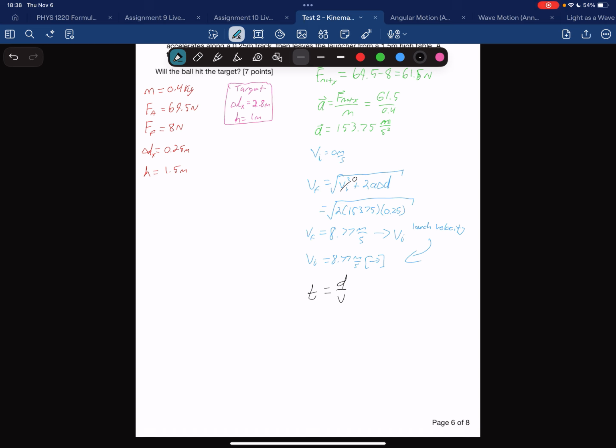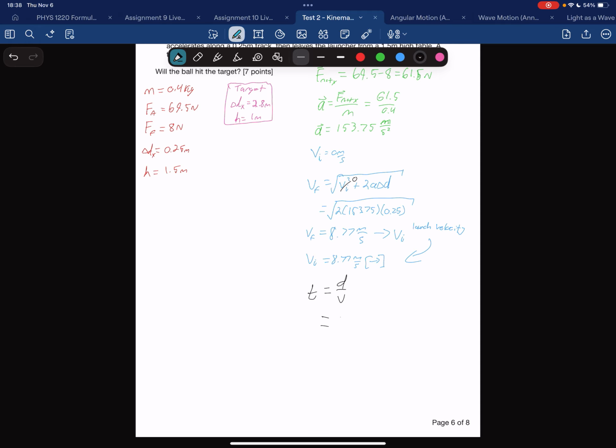So we know that horizontal and vertical components are independent. They are separate from each other. So I can say that there is 0 acceleration in the x direction. That speed will be constant. Because of that, I can use this formula I've written in black, where time equals distance over velocity.